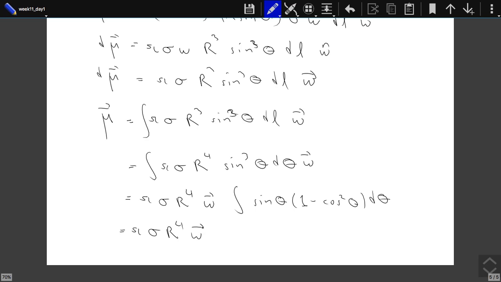Now we can evaluate that integral. That integral is just cosine theta minus cosine cubed theta over 3, times minus 1. Theta goes from 0 to pi.